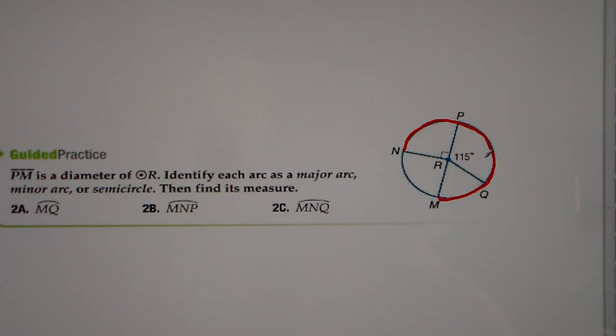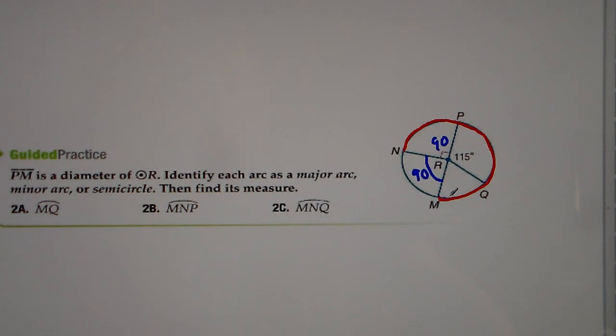Now to find out that length of the arc, that red arc, we have to do a couple little steps here. We have to know that PM is the diameter, PN is 90 degrees because that's what that little box is. So since that's 90 degrees and this is a diameter, that means this guy is also 90 degrees.